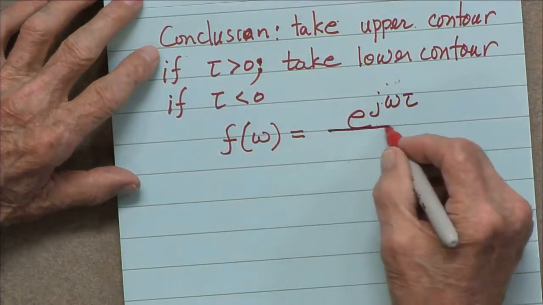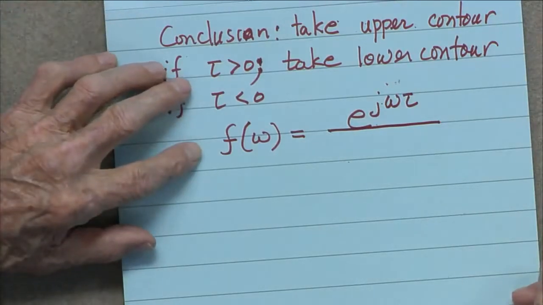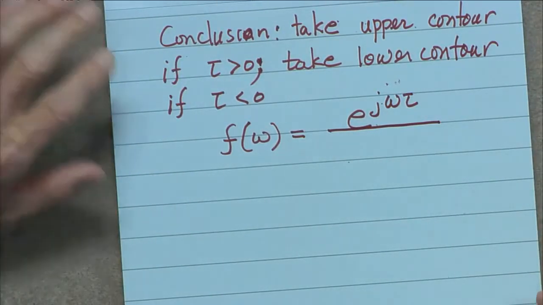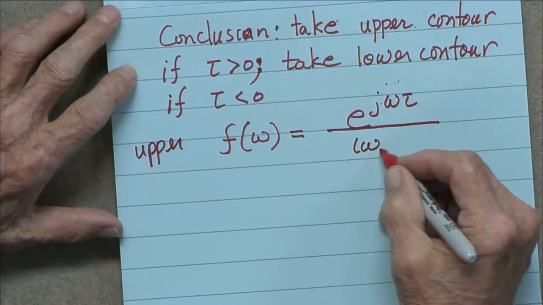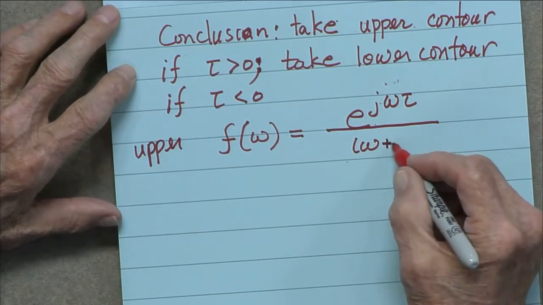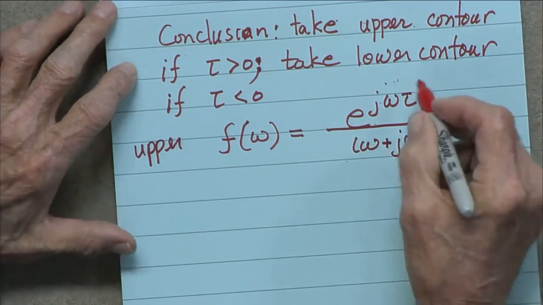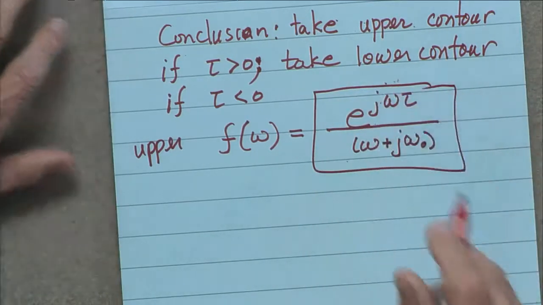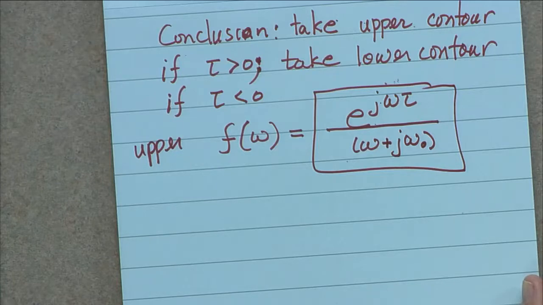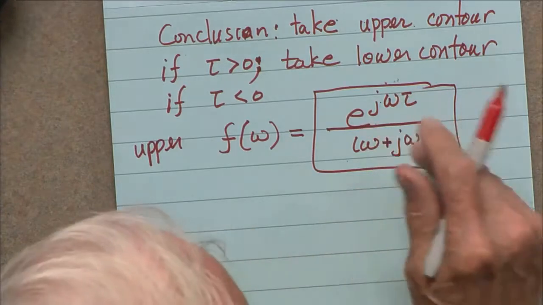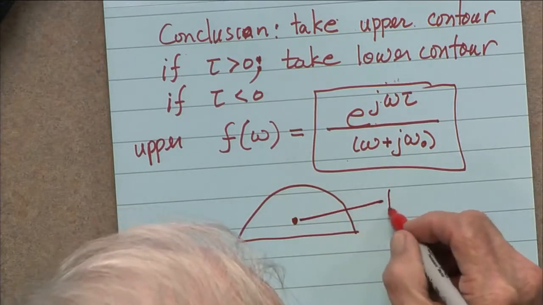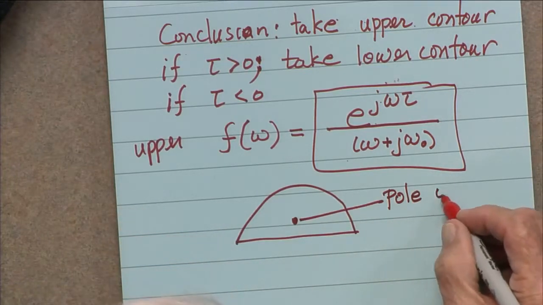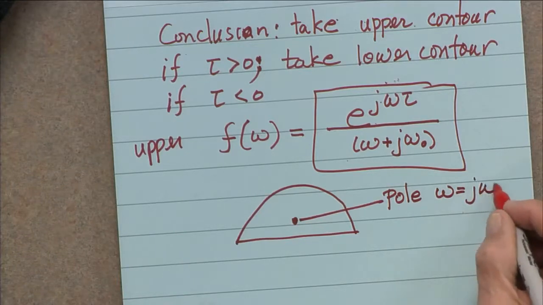So f of omega is equal to e to the j omega tau for the upper contour integration. Upper, this will be omega minus or plus j omega 0. Right. So this is the function. So we have the answer. There's a pole at omega equals j omega 0.